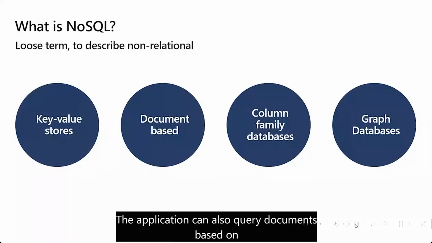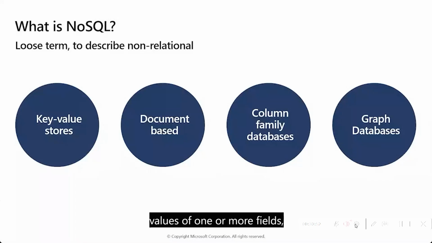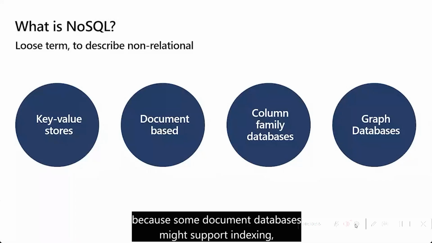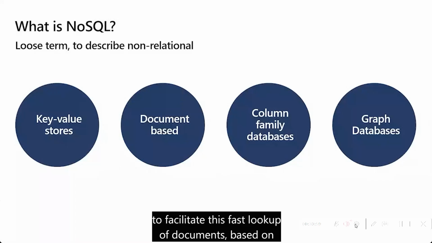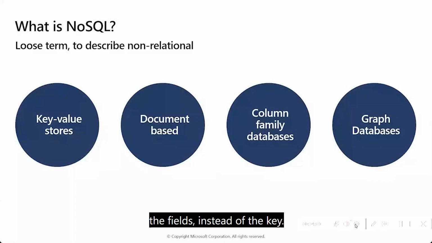The application can also query documents based on values of one or more fields, because some document databases might support indexing to facilitate fast lookup of documents based on the fields instead of the key.